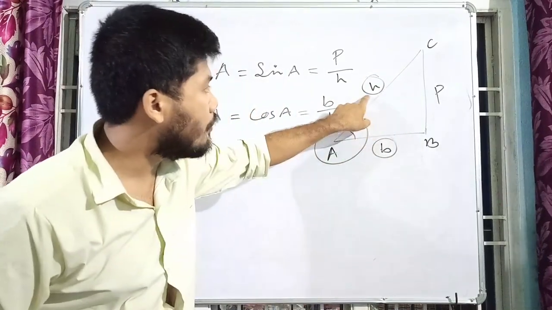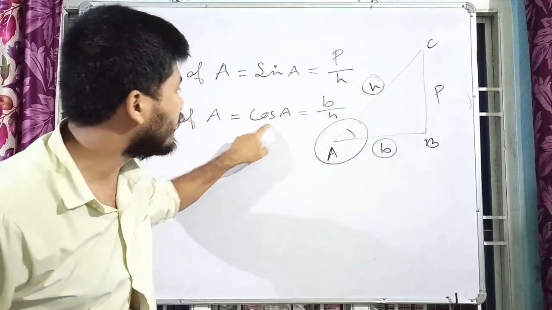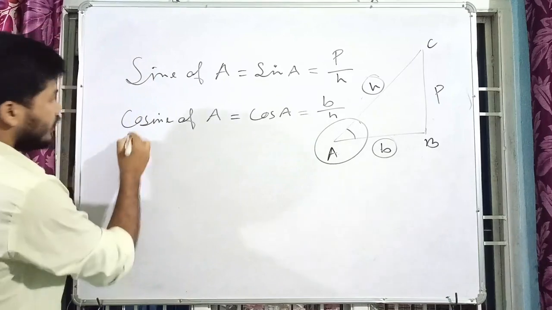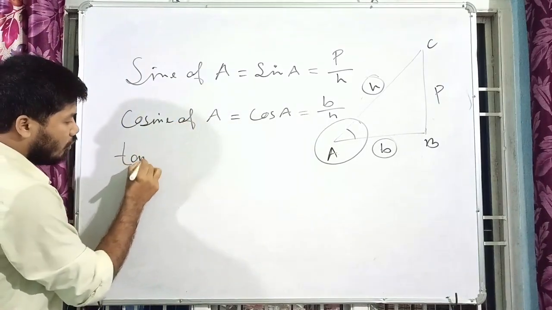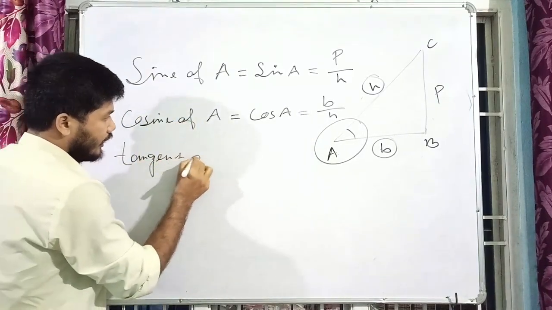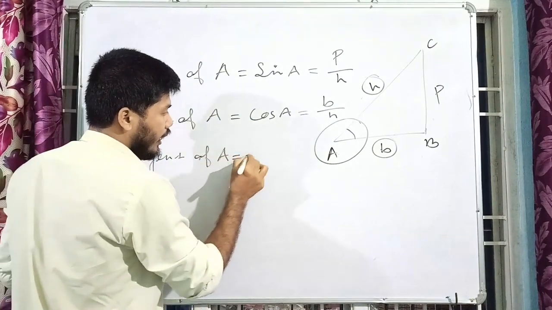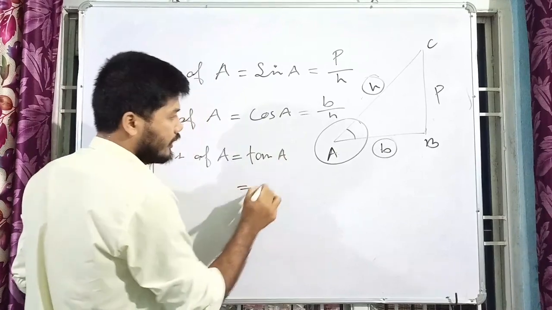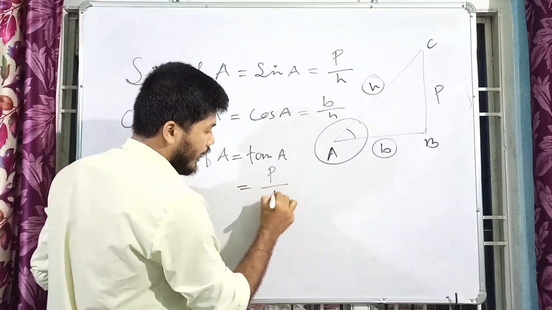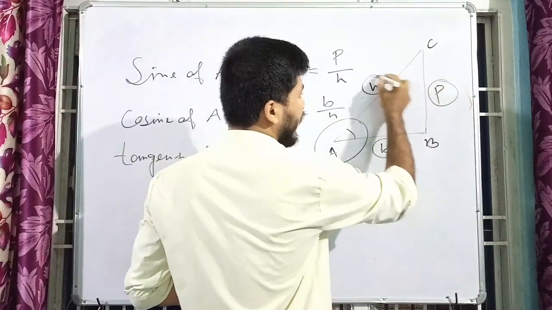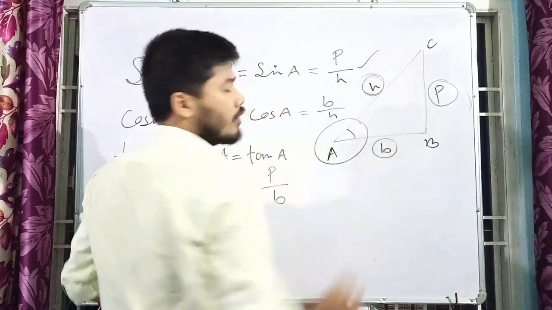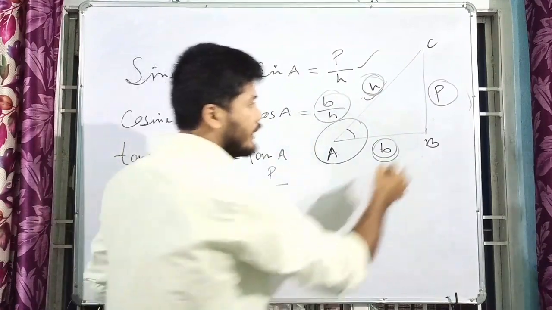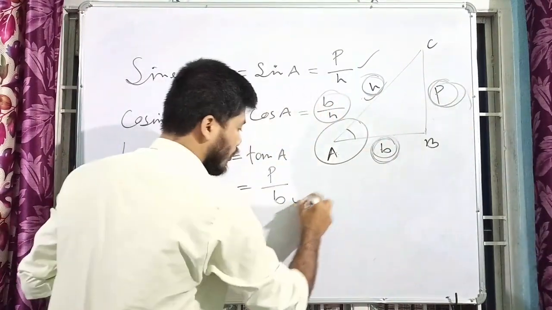If we take the ratio of base and hypotenuse, then this is called cosine of A or cos A. Similarly, we can find the tangent of angle A and this is tan A, and this is equal to perpendicular by base. P by H we can find out, no problem, B by H we can find out, no problem, similarly we can find P by B.